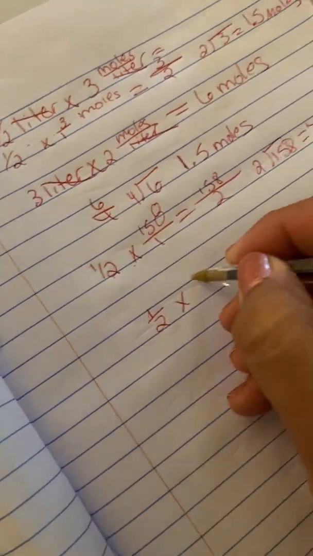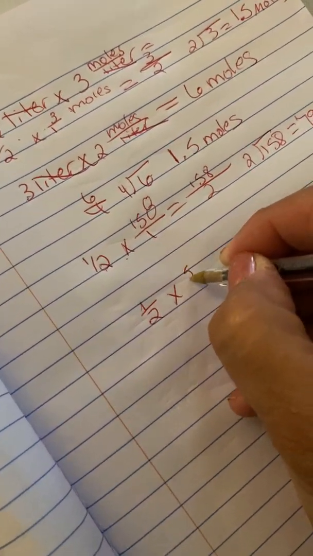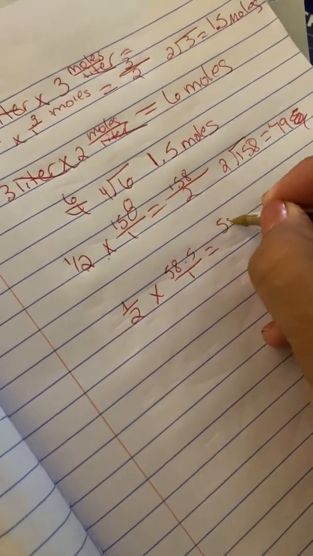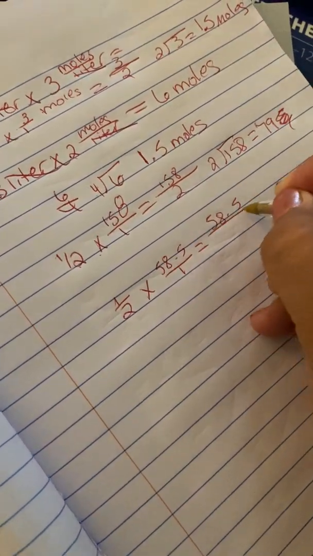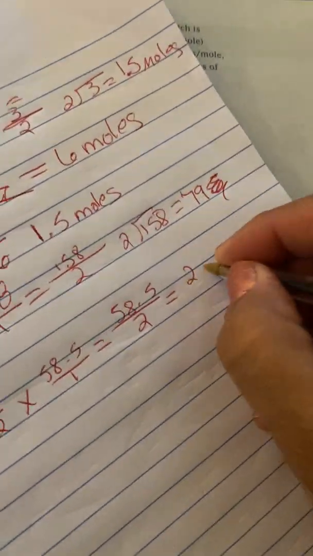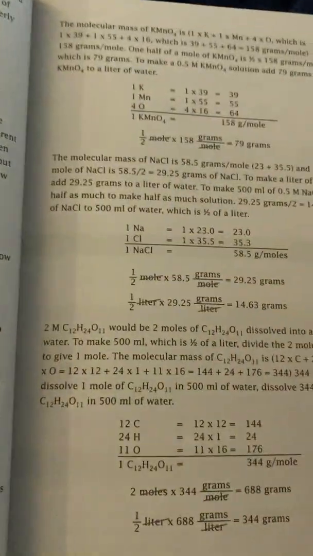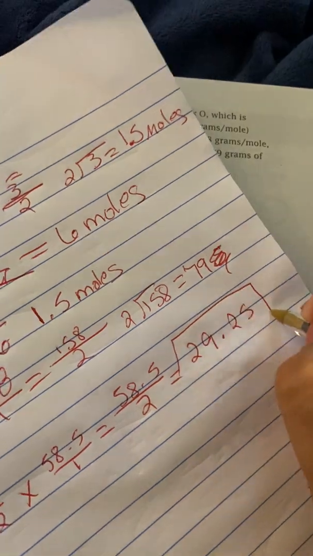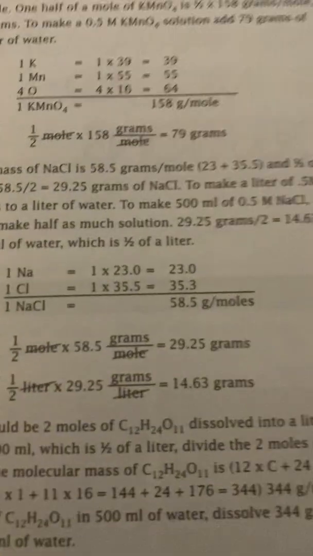1/2 times 58.5 over 1. 58.5 over 2 equals, we're going to choose here, 29.25. So that's how much a half a mole is of the NaCl solution.